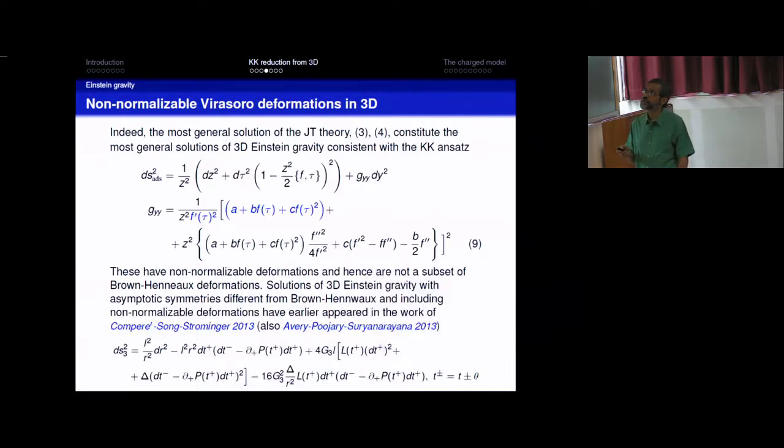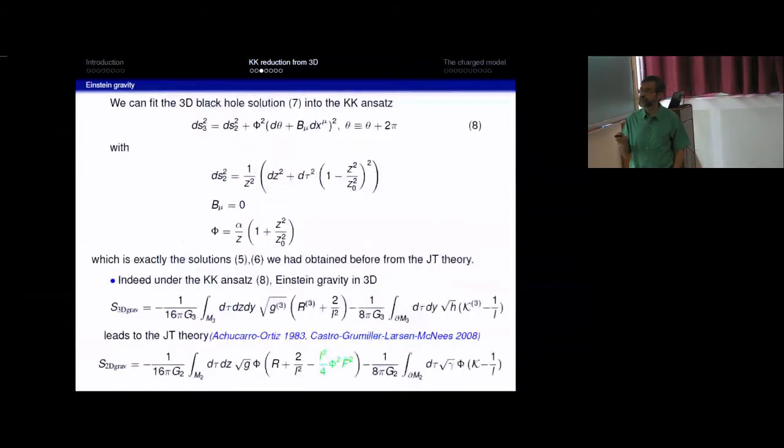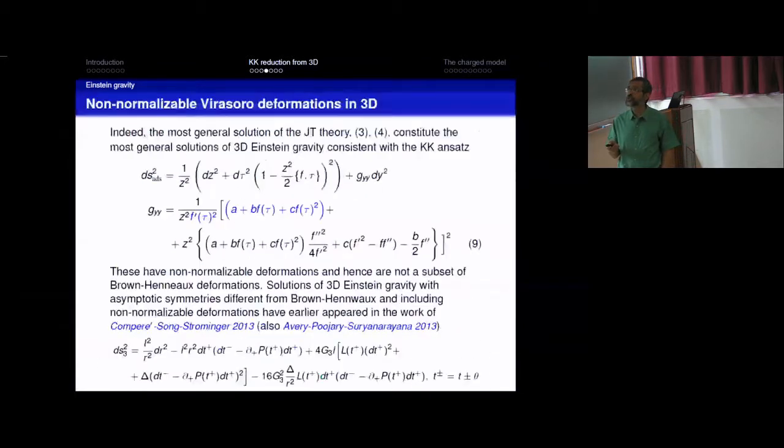What I mean to say is that we found in the Jackiw-Teitelboim formulation the most general set of solutions, and because of the equivalence of the Lagrangians, one can show that these are the most general solutions of 3D Einstein gravity consistent with the Kaluza-Klein ansatz. And they are given by this form.